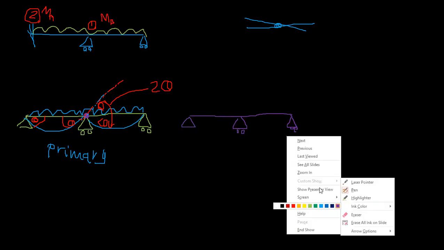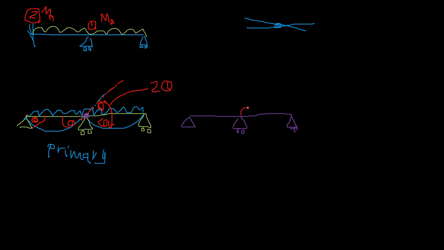So here no loading, because loading is in the primary structure, because ultimately we are going to superimpose everything, right? We are going to give unit moment at first coordinate, first redundant. Okay. So if you apply a moment like this, it would look like this.